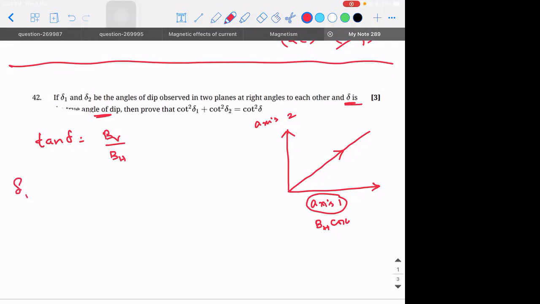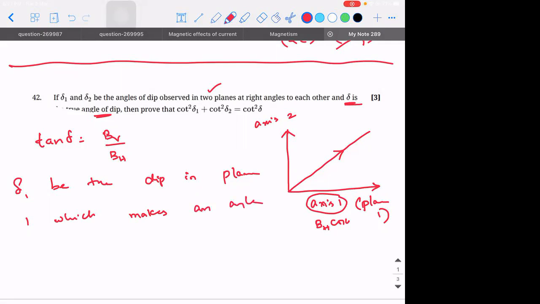So delta 1, what did they say? Angle of dip observed in two planes. So delta 1 be the dip in plane 1. This is plane 1. Let delta 1 be the dip in plane 1, which makes an angle theta with magnetic meridian.